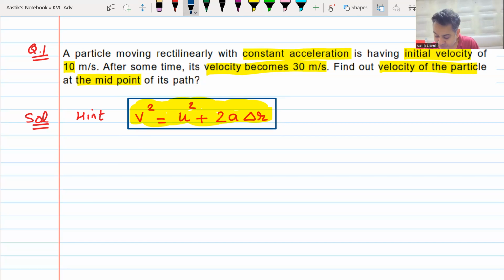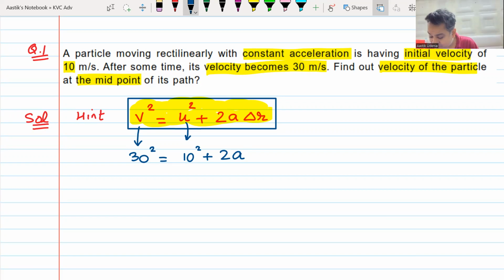So now, I put the final velocity at 30. So 30 square would be equal to the initial velocity, which is given as 10, 10 square plus 2 times acceleration, which I don't know, so I'll write it as A, times the displacement.